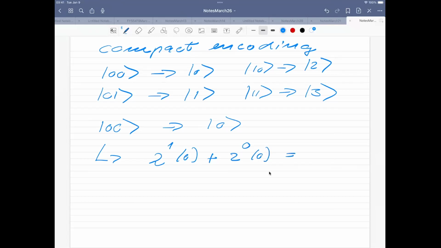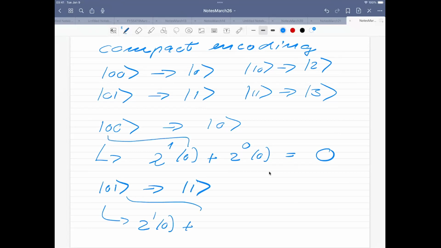And if we look at this, this gives 0. If I take 0, 1, I want to encode that one as state 1. And now you see that this one can be rewritten. So this one would be 2 to the power of 1 times 0. And then the next ones, I would have plus here.